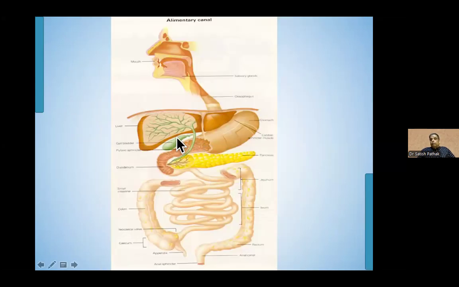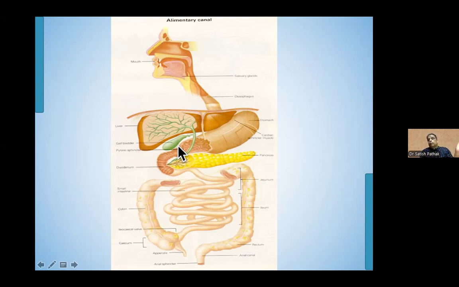This is the gallbladder. Now, the liver secretes bile and it is stored in the gallbladder. The gallbladder can hardly contain 50 to 100 cc of bile, but about 1 liter or 1.5 liter of bile is secreted by the liver. If all this comes over here, what will happen?